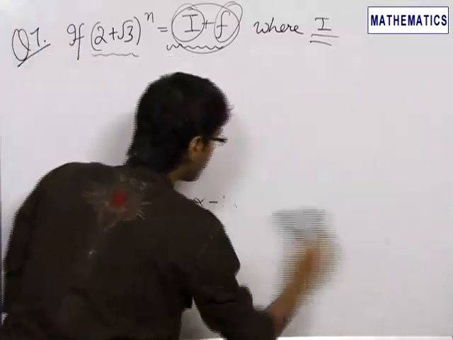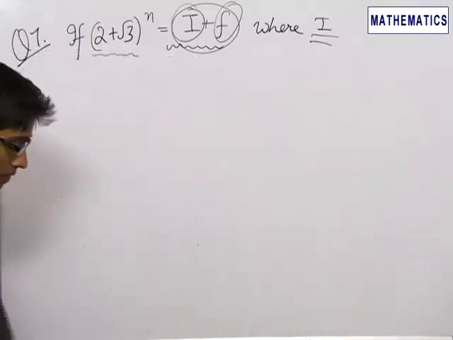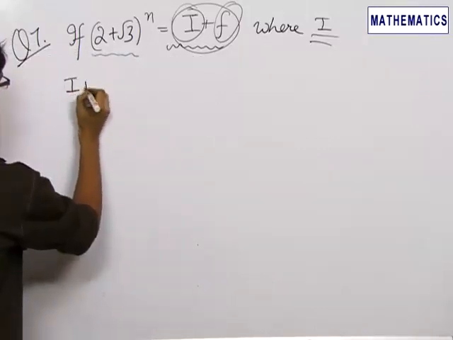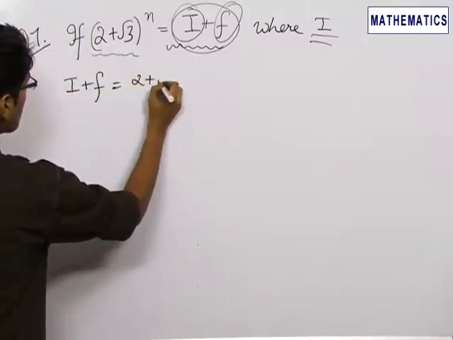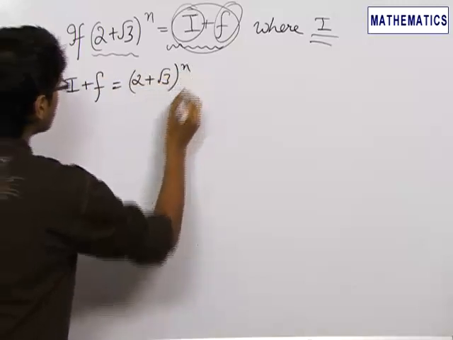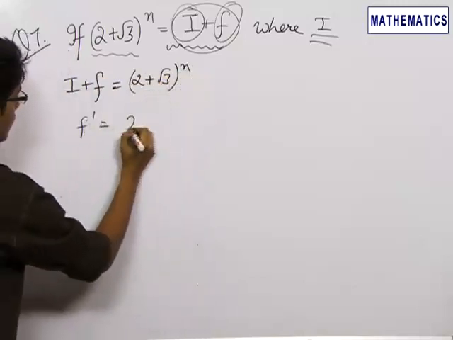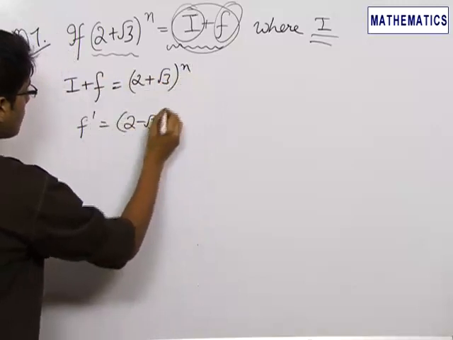Let us rewrite the whole thing again. I + f is given to be (2 + √3)^n, and what we considered is f' = (2 - √3)^n.